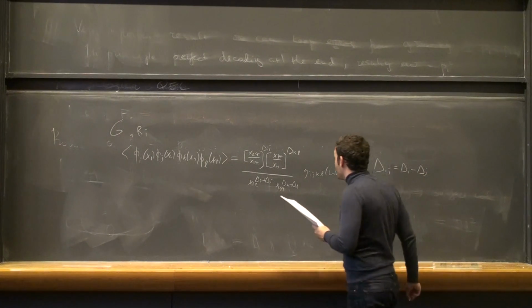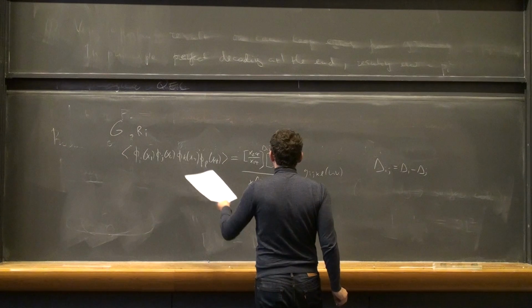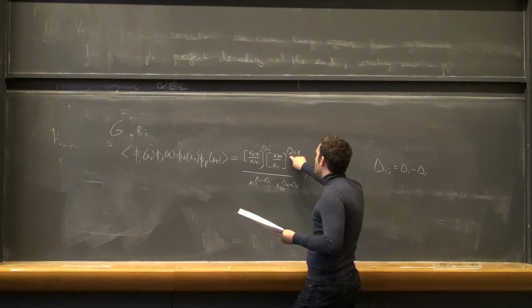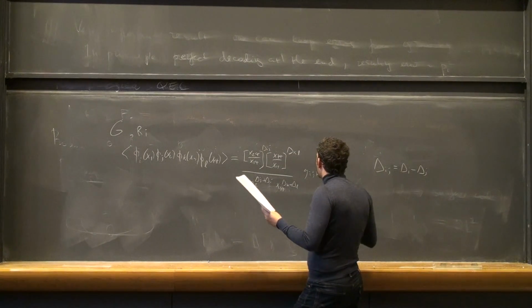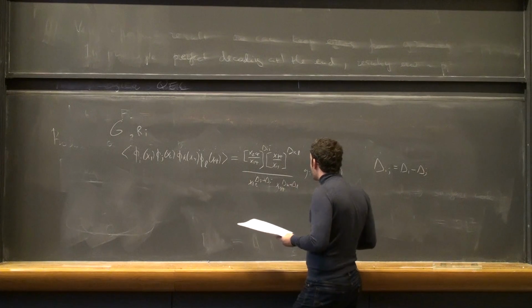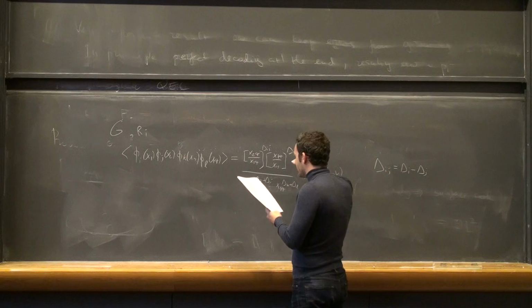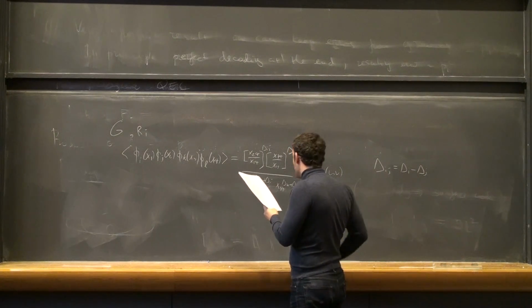One thing you can first notice is that in the identical scalar case, these factors would just be 1, because these exponents would be 0. Whereas now that you have distinct scalars, it's a function of the differences between delta i and delta j and the differences between delta k and delta l. So that's something you can immediately notice.